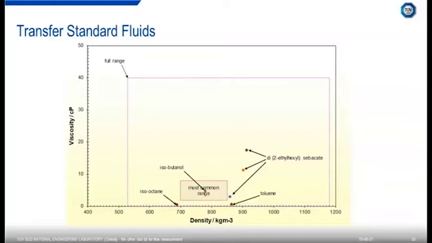And that's for the UK. So that's down to condensate and up to heavy oil. Most common range, obviously, for typical North Sea crudes is in the 700 to 850 kilogram per cubic meter range and below 10 centipoise. And also, I've marked on the graph some fluids which could potentially be used as transfer standard fluids, trying to bracket that most commonly required range.